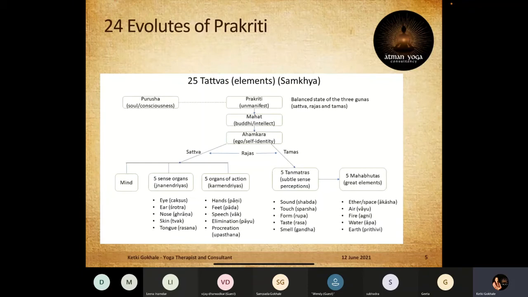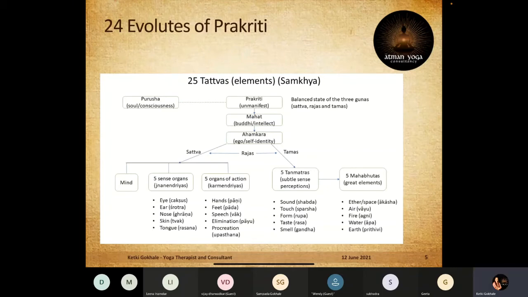Once this balanced state of trigunas gets disturbed, the first manifestation of prakriti is the mahat. So mahat is the universal intellect, we can call it. It is the purest, finest individualization of prakriti without any characterization.